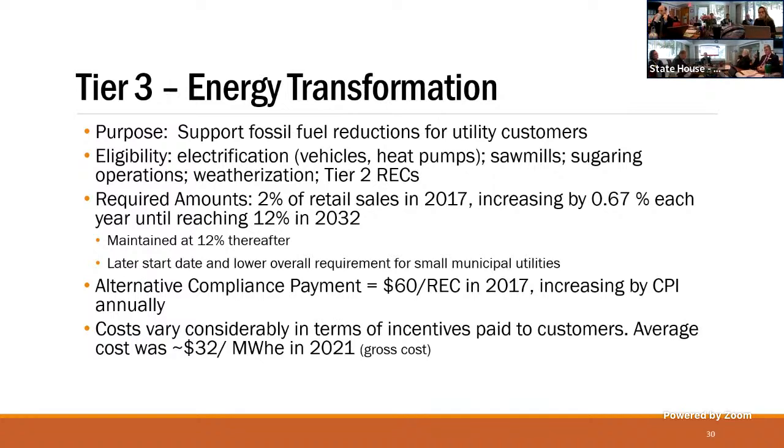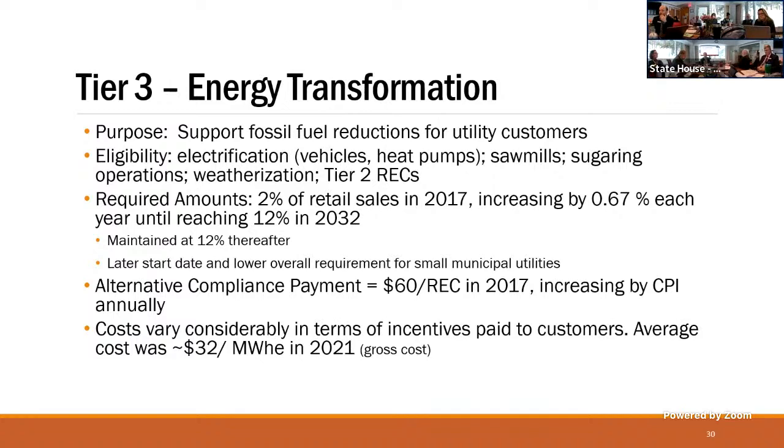What's eligible for tier 3 are electric vehicles, heat pumps. If a utility provides an incentive or otherwise encourages a customer to transition, they can claim credit towards its obligation.